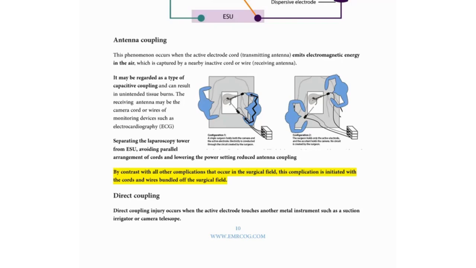When you put it aside, it touches the scissors, so the skin is burned. If we are talking intra-abdominally or laparoscopically, this can happen, yes. If you are working with the diathermy and you have touched the forceps on the other port by mistake, this is direct coupling.